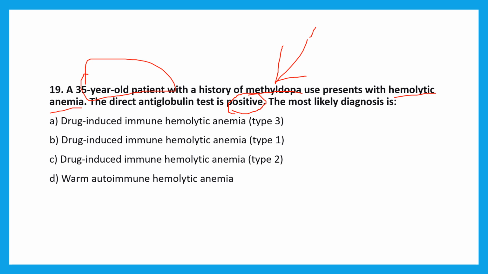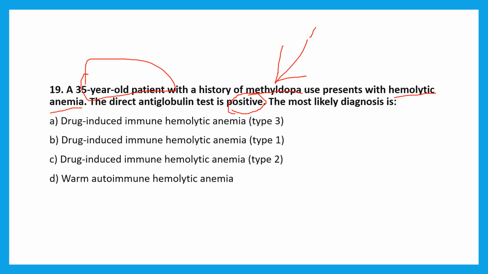The clinical and laboratory picture is distinguishable from idiopathic warm autoimmune hemolytic anemia, and the DAT is positive for IgG.